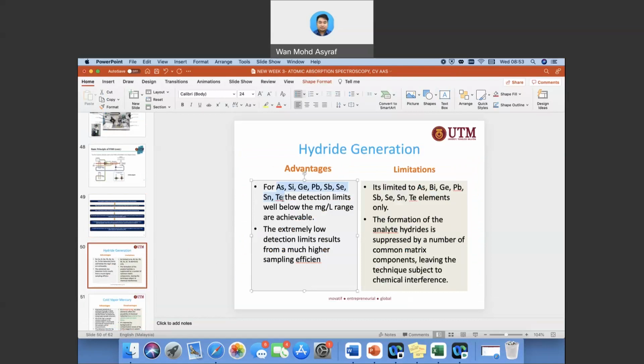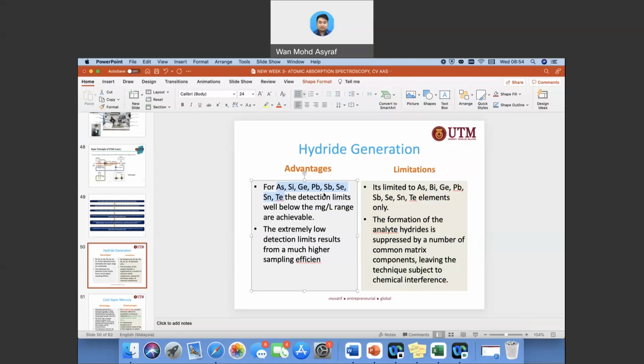So if there is a question where we have this metal in our water sample and we want to analyze it, and you see metals like As, Si, Ge, Pb, Sb, Se, Sn, and Te, which are in groups 14, 15, and 16, you straight away just go to hydride generation. Don't ever think of going into flame AAS or GF AAS, because it is very special towards hydride generation.